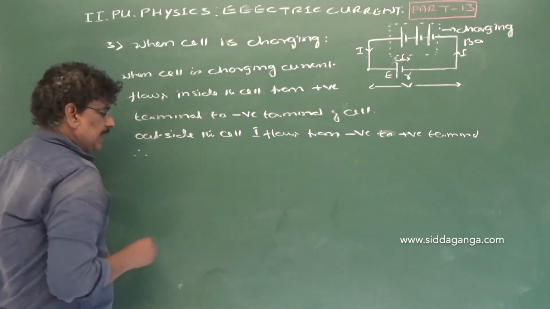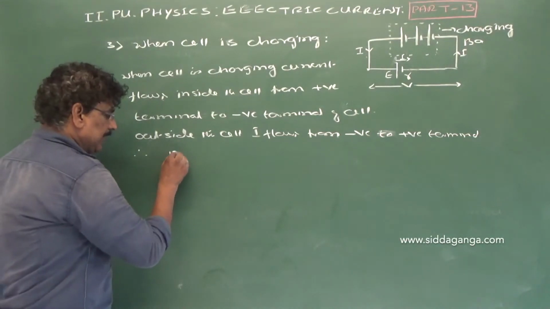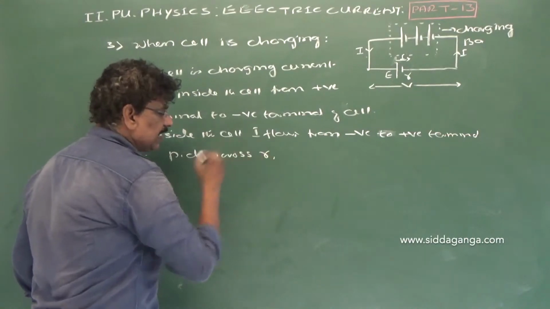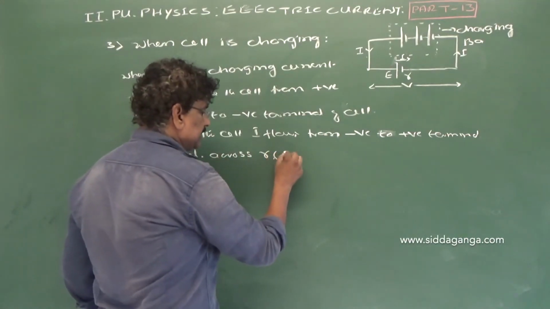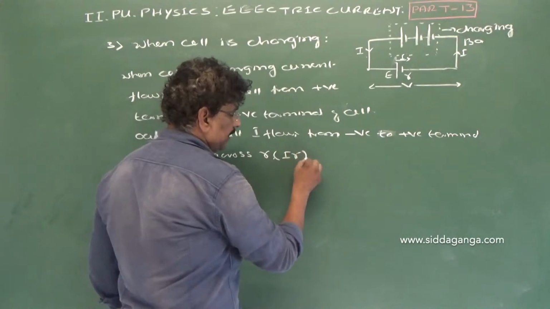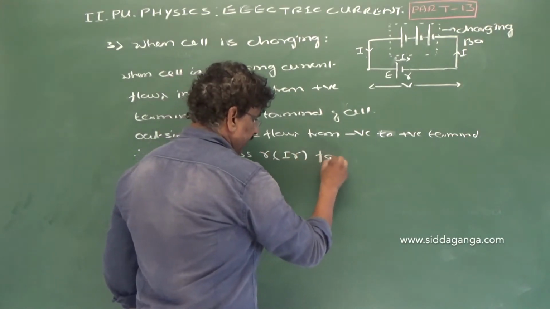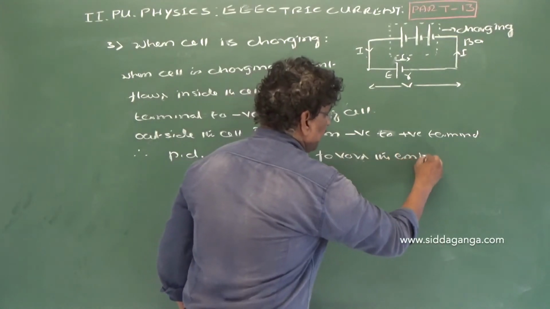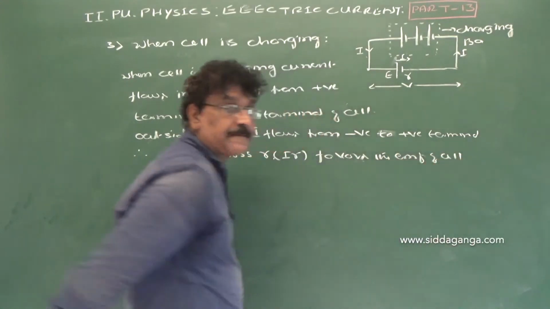Therefore, this potential drop across the internal resistance, that is IR, favors the EMF of the cell.